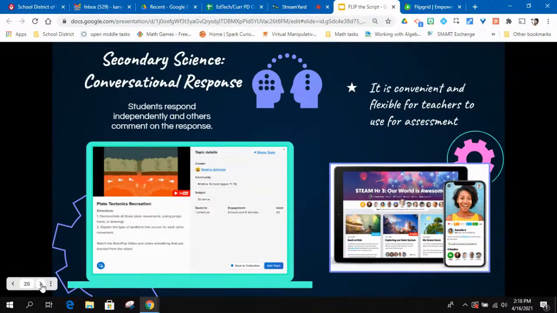You could easily assign each student a type of movement and they would have to perform that for you on the Flipgrid. Other students can comment on this, critique, and give assessment, and it's just a quick way that you can visually understand what your students are trying to convey.